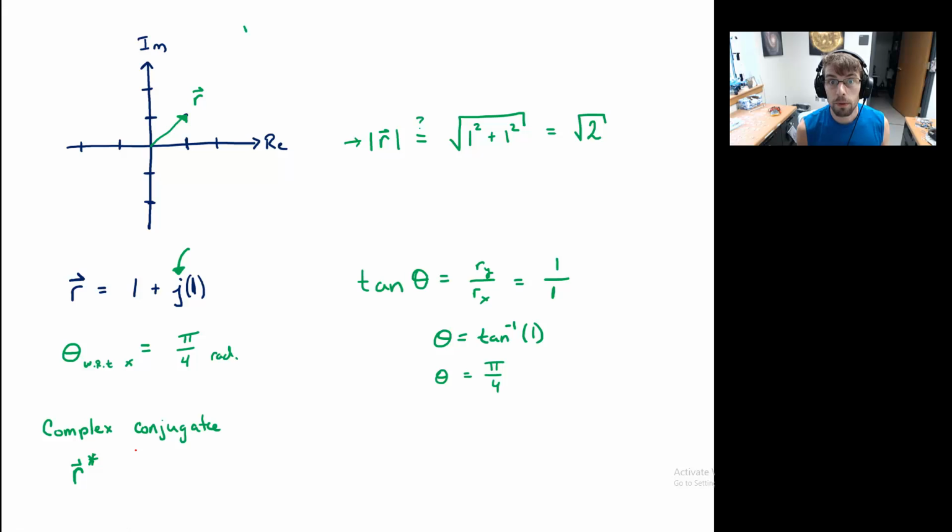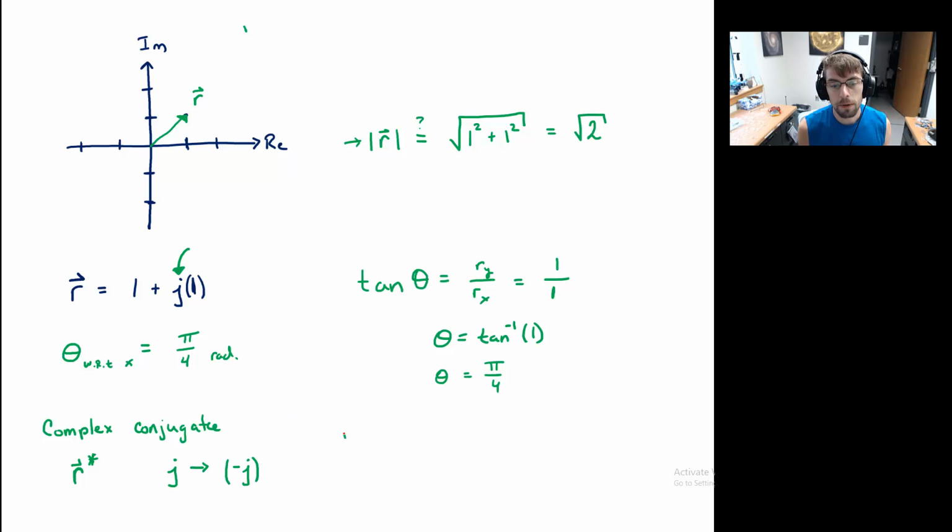From the standpoint of what it does, a complex conjugate, anywhere where you see a j, an imaginary number, replace it with a negative j. So that's step one.